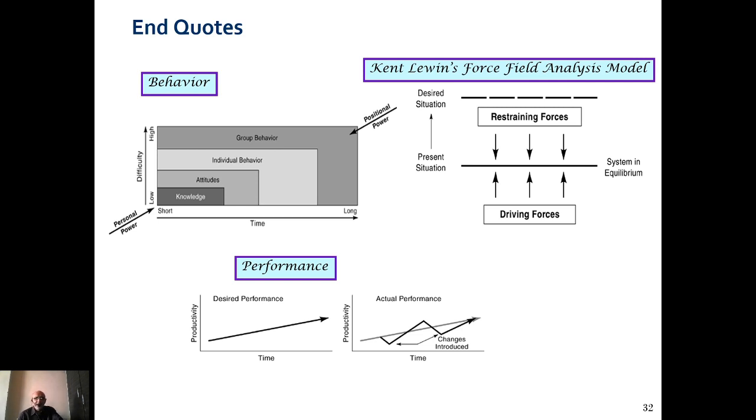And in the case of behavior, if you see short and long time versus difficulty, when difficulty is high, the time has to be longer, and there group behavior will come. Below group behavior you can find individual behavior. Below that you can find attitude, and below that you can have knowledge.